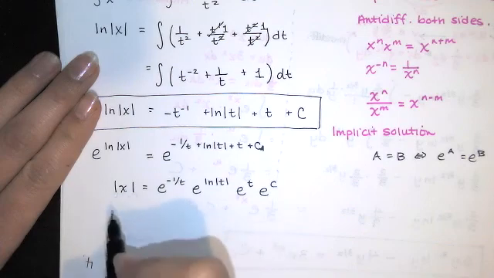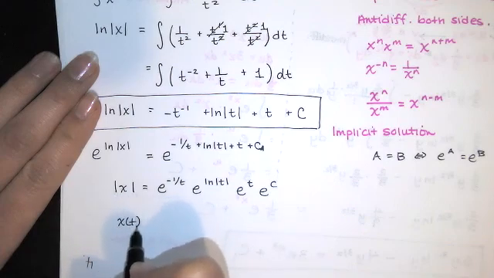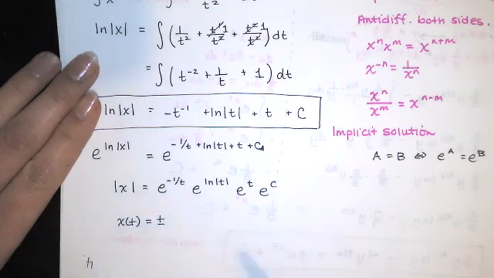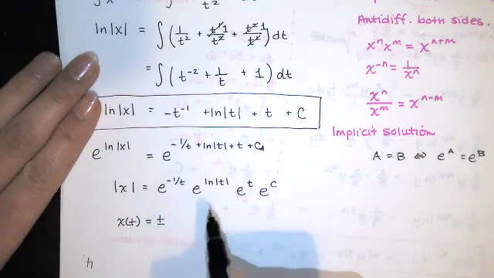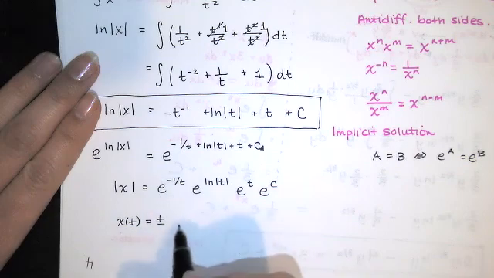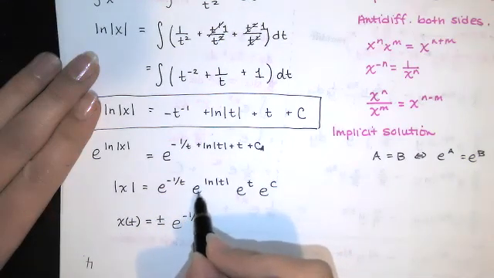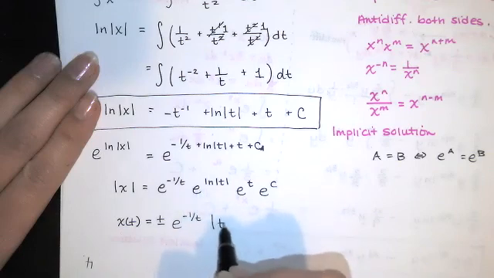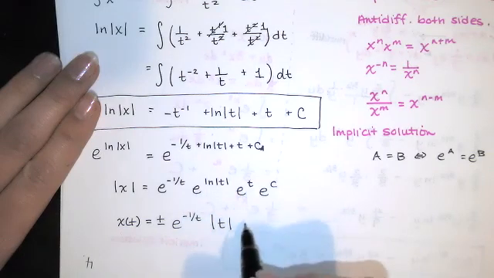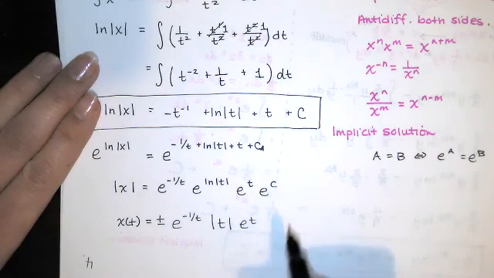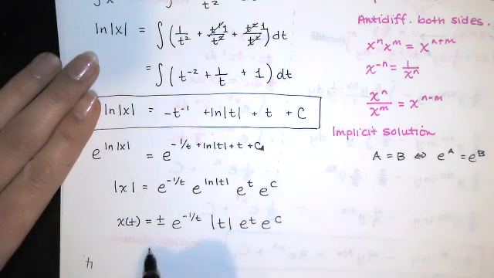With this absolute value, I'm just going to drop the absolute value, put a plus or minus over here. Let's see. Then the e to the negative 1 over t, it does not simplify. This simplifies to the absolute value of t down here. E to the t doesn't simplify. E to the c doesn't simplify. That absolute value of t could be plus or minus t, so let's just call it a t.